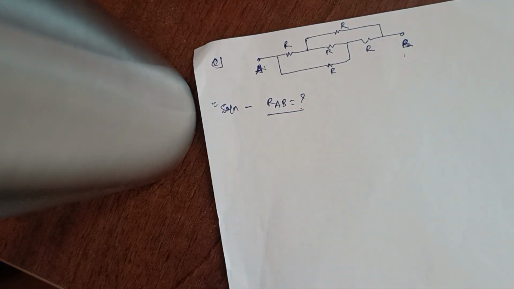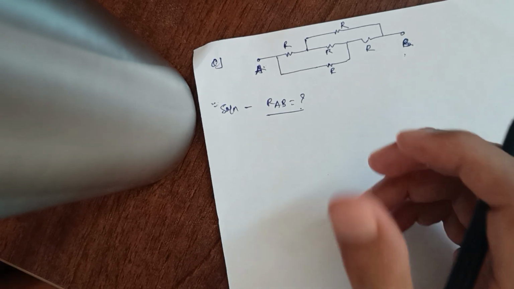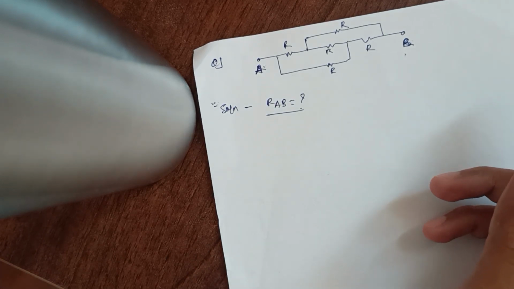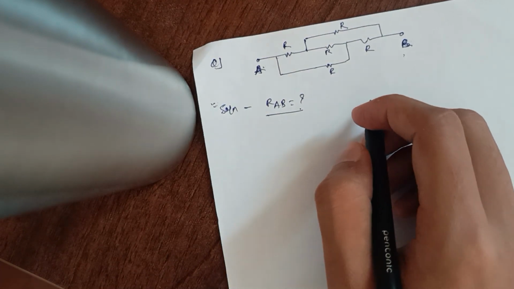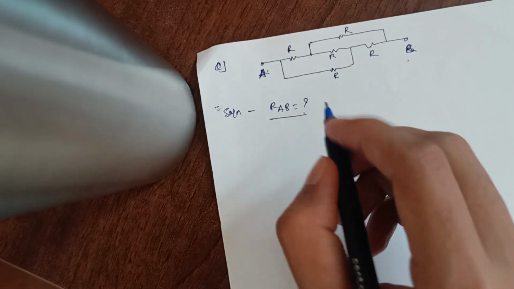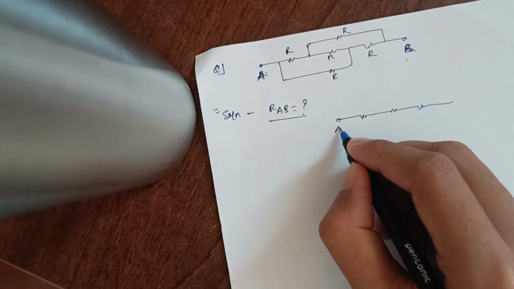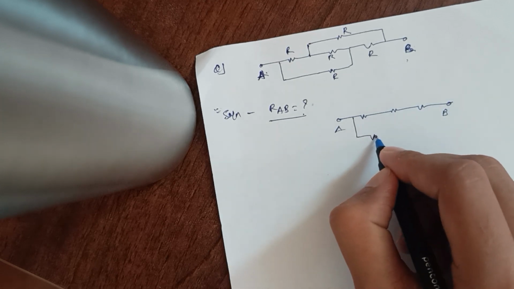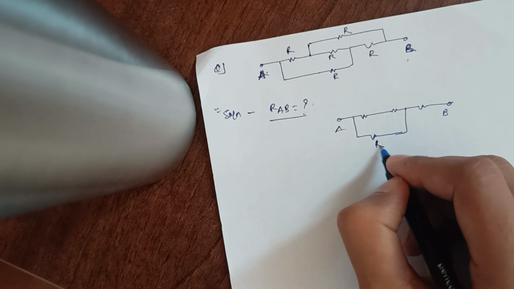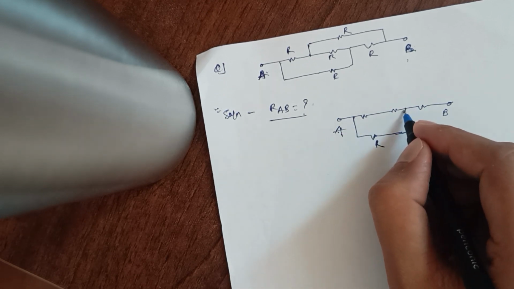And here the key concept is that we have to modify the circuit, to simplify the circuit, and then we will be able to solve it. So for simplification, I told you to just give names to the nodes: this A and this A. Now this node is connected to this R, so this node and this node are not the same.